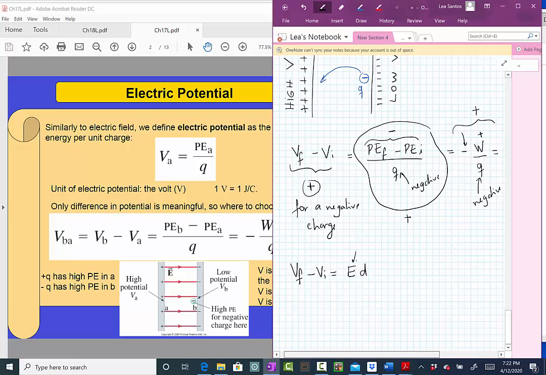Again, this is just the magnitude of the electric field, d is just a magnitude, and I'm getting here a positive value. Makes sense. This change in potential for a negative charge is positive.